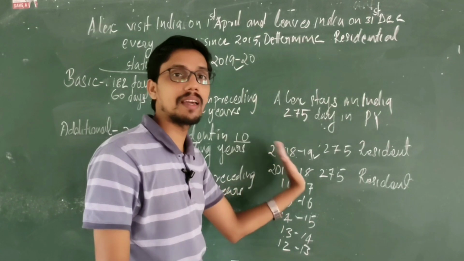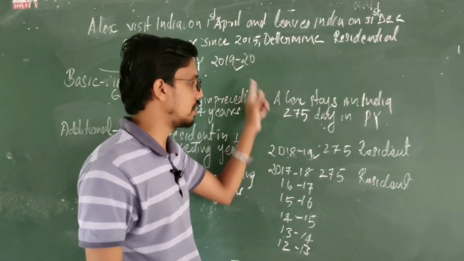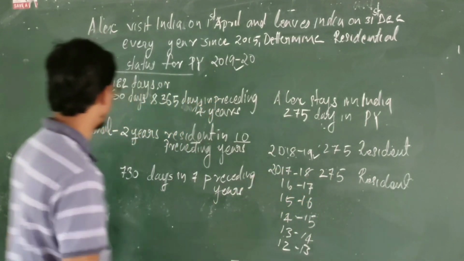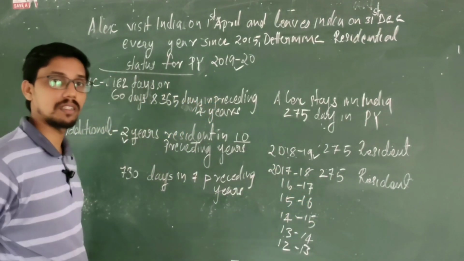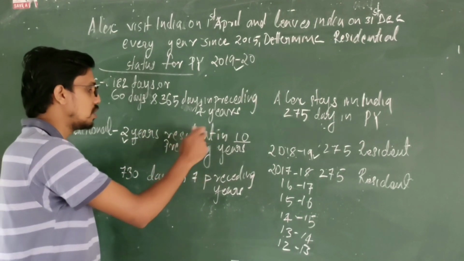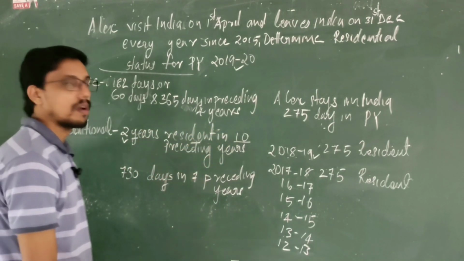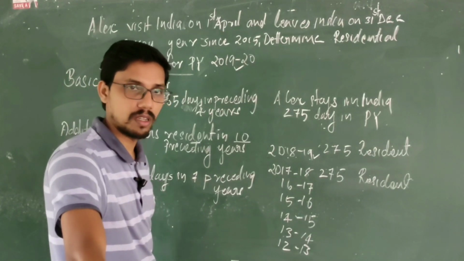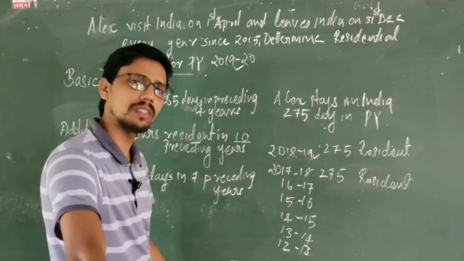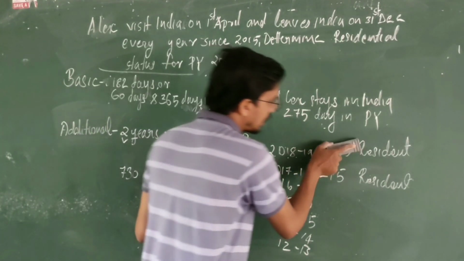In the earlier years preceding the relevant previous year, he was also a resident for 2 years. So, the first additional condition is satisfied. He shall be a resident in India for 2 years during the 10 preceding years of the relevant previous year. Out of these 10 years, he shall be a resident at least 2 years. It is satisfied. Now, what is the second condition?